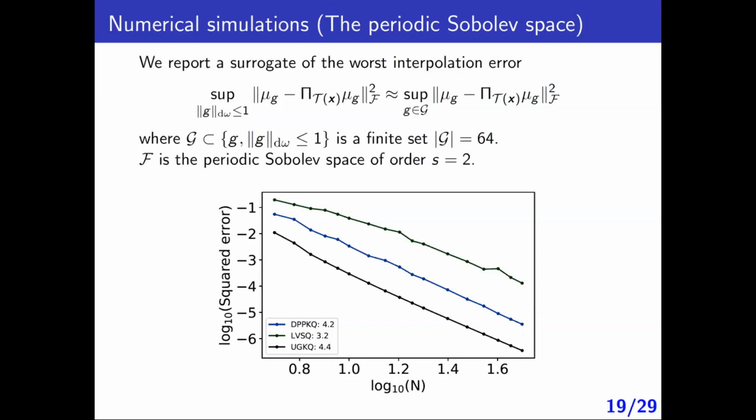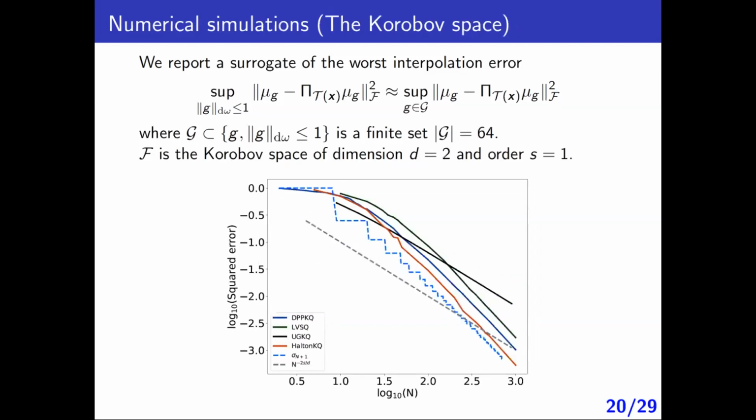Now we move to Korobov space, so we will move to higher dimensional space, d equal to 2 and s equal to 1. And you can see here the uniform grid behaves as n minus 2s over d. So the scaling, even if it starts better, is not better and gets worse with the dimension.